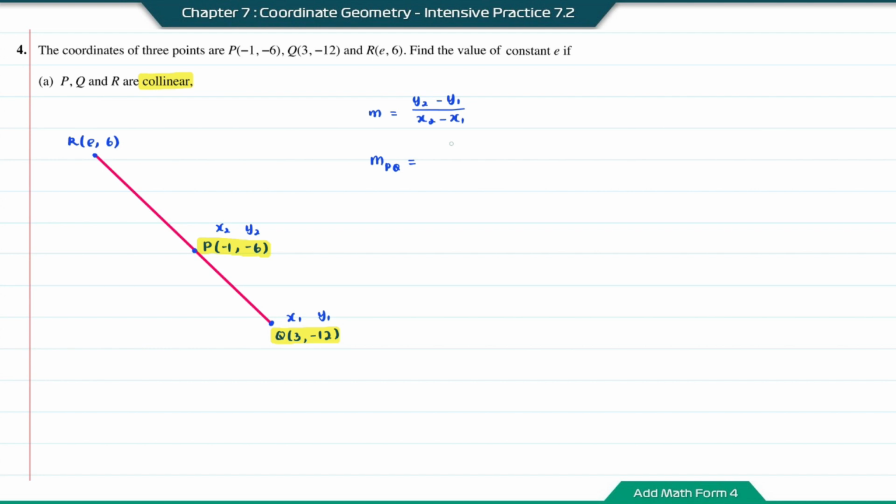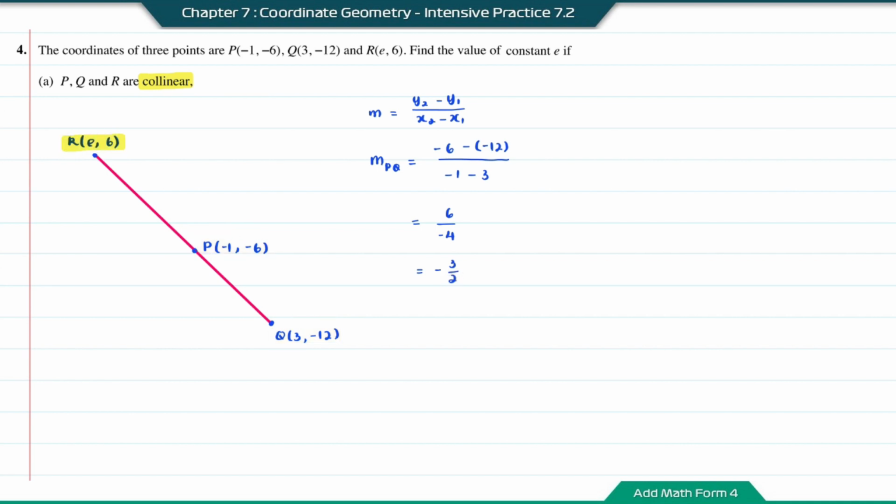The gradient will equal negative 6 minus negative 12 over negative 1 minus 3. Here negative 6 plus 12 is equal to 6, and negative 1 minus 3 is equal to negative 4. Simplify this, the answer is negative 3 over 2.